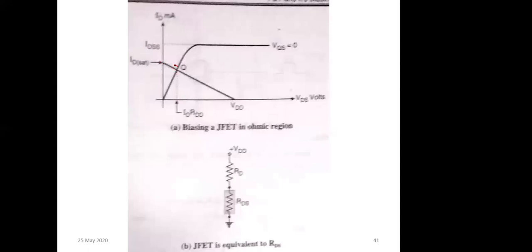We have to operate in the ohmic region. So you will draw one line which gives the relation between ID and VDS, because we have seen that VDD is equal to IDRD plus VDS. So there will be one line, and you will have the output characteristic curve. You will have the intersection over here, and that will be your Q point.